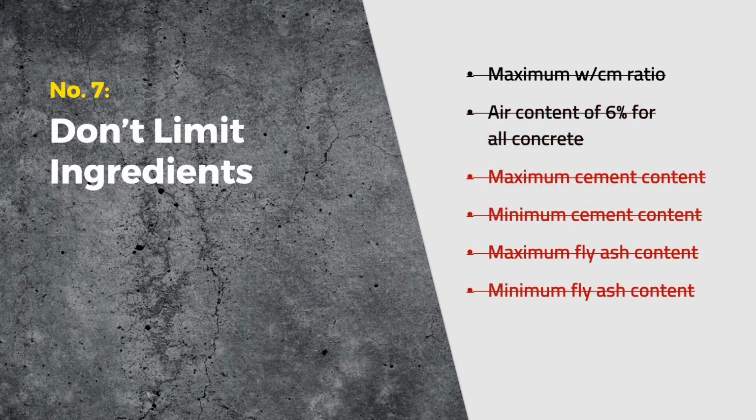Do not list a maximum or minimum cement content, maximum or minimum SCM content, or quantity of admixtures. Do not limit water used for making concrete to potable water. There is an ASTM specification for water used to make concrete.